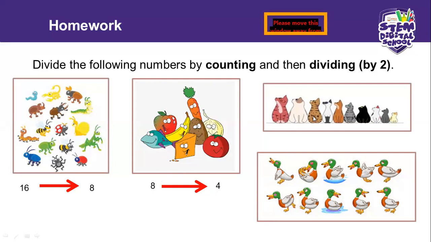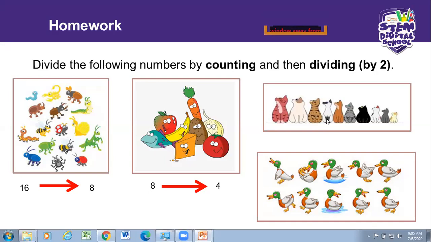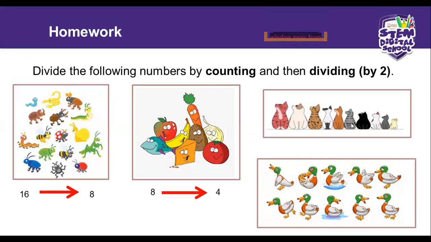10. Okay, let's see. 1, 2, 3, 4, 5, 6, 7, 8, 9, 10. Well done. They are 10. And if we share these cats equally, 10 divided by 2 is 5.